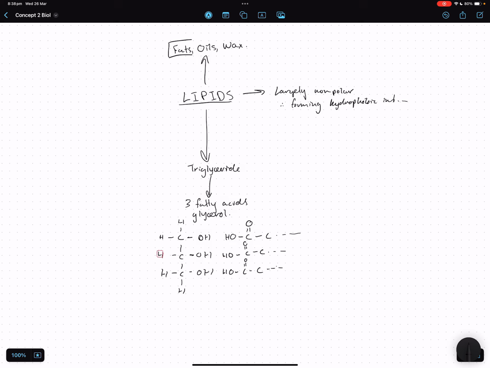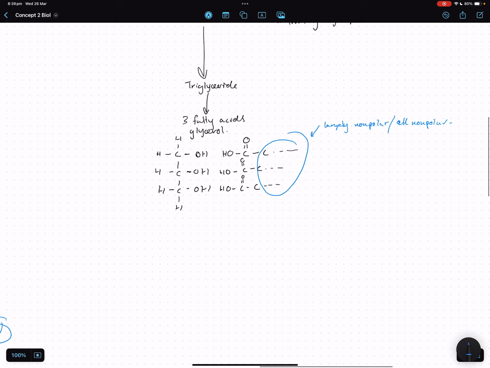This part, these things here, they are largely nonpolar, all nonpolar. Yeah, they're nonpolar basically.